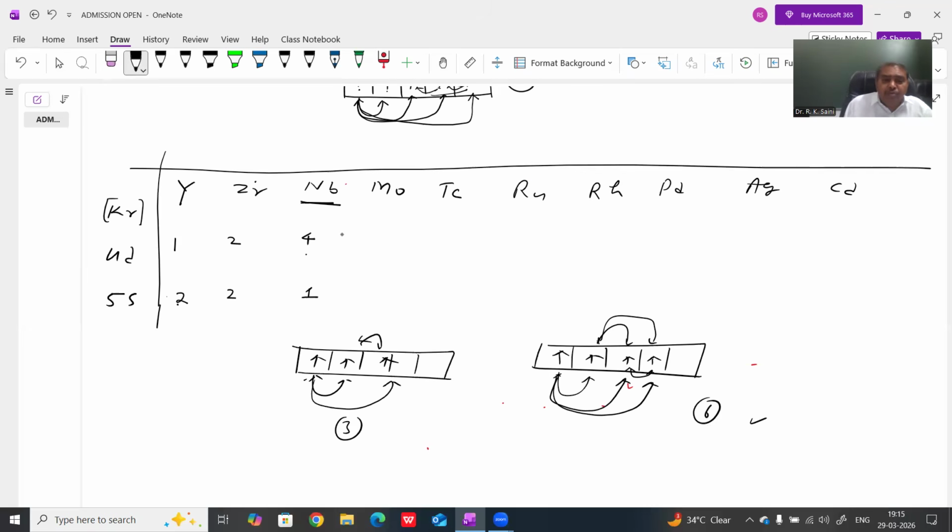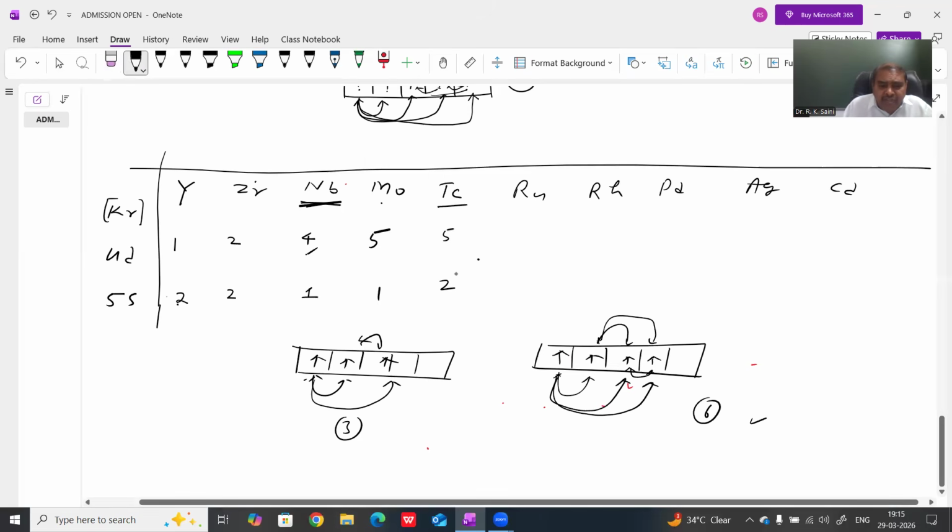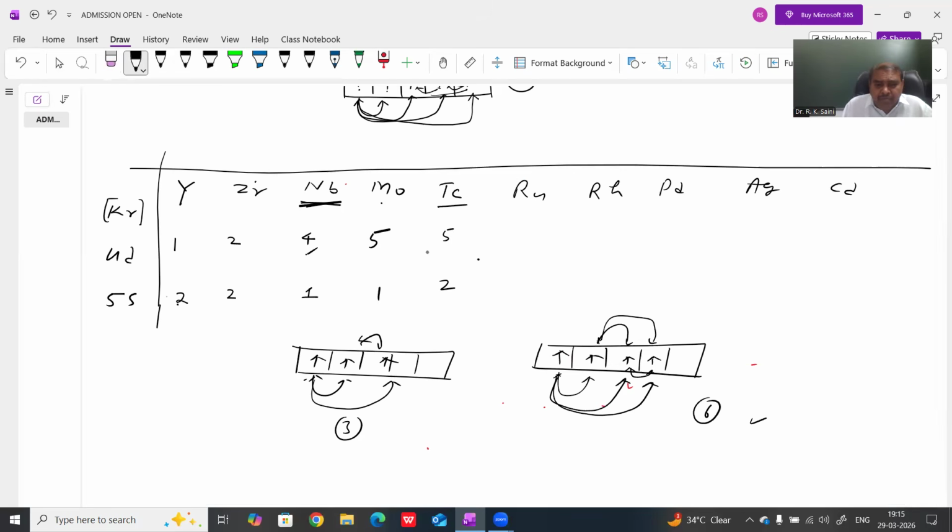Therefore, the electronic configuration of niobium is also an exception, explained with the help of exchange energy as well as less energy difference. In the case of molybdenum, also an exception electronic configuration like copper, half-filled. In the case of technetium, no exception, because half-filled electronic configuration is more stable in most of the references like J.D. Lee, Inorganic Chemistry, J.D. Lee, Huheey, A.G. Sharpe, Miessler and Tarr.